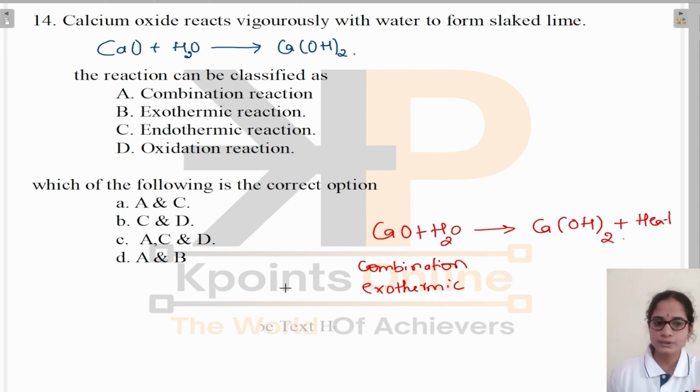Let us check the options now. A and C, no, it is not the correct option as it is not the endothermic reaction. Then C and D, no, it is not at all endothermic reaction and oxidation reaction. Then A, C and D, no, this is also not a correct option. Then our correct option will be D, that is A and B. This is combination reaction and exothermic reaction as well.